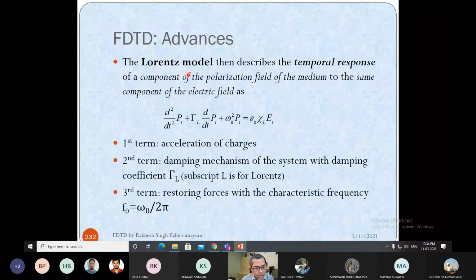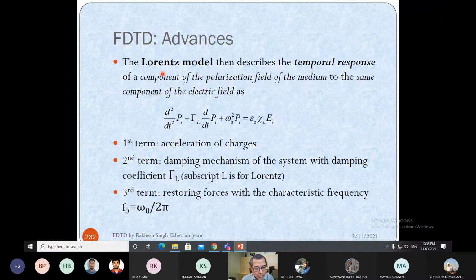So the model will be very clear from this here. In the Lorentz model, we describe the temporal response of the component of the electric polarization field. So we are applying some electric field to a medium. There will be a polarization field generated inside the medium. So we actually model the polarization field inside the medium from the incident or applied electric field we're applying to the medium. So let's say there's a medium, you just apply some electric field. What is the polarization field inside the medium? That is given by the Lorentz model.